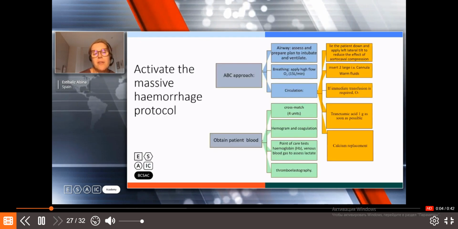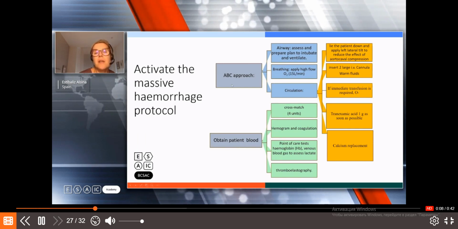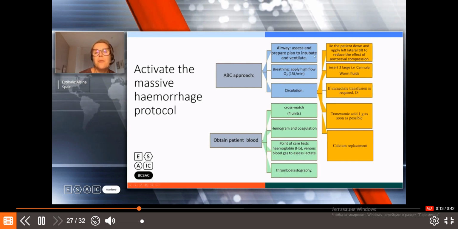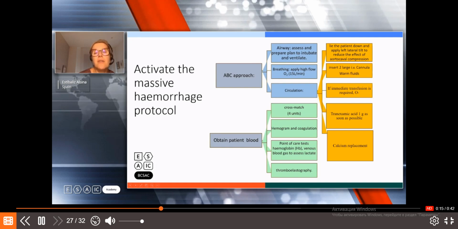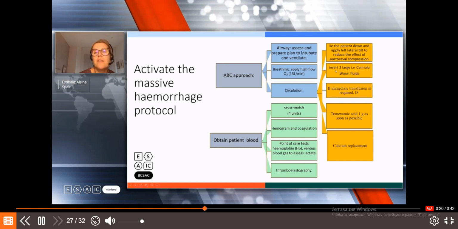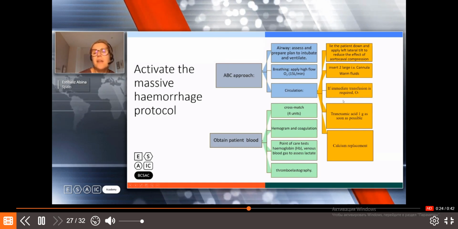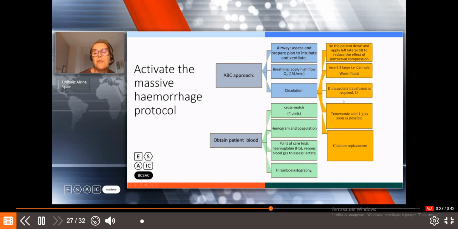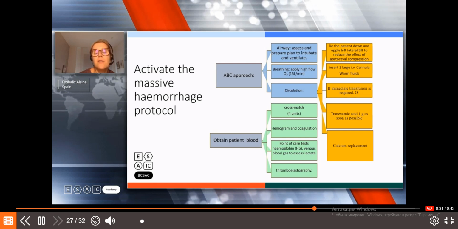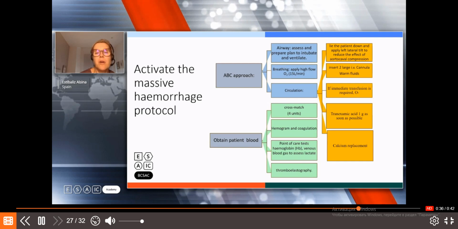If we have the massive hemorrhage, we have to activate a protocol in our hospital. You have to go to the ABC, airway, prepare to intubate if it's very severe, relieve the arteriocaval compression, insert intravenous cannula, warm fluids, and immediately request transfusion. Also, we can administer tranexamic acid and calcium replacement, because transfusion can cause hypocalcemia.